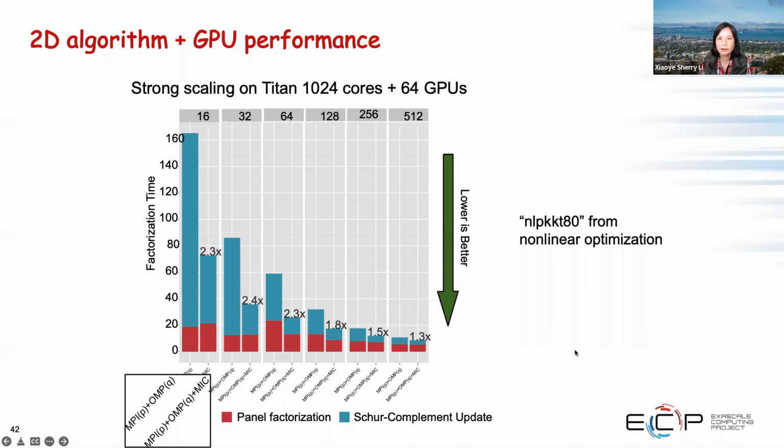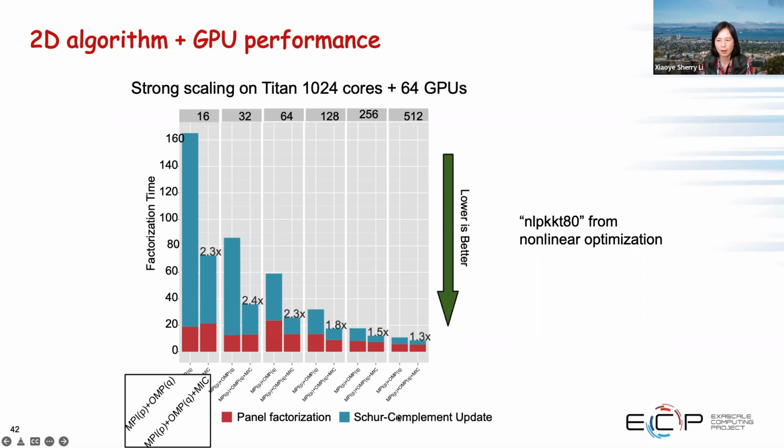Now if you look at the performance of this 2D algorithm plus GPU, this was done earlier on the Oak Ridge Titan machine with 1,000 cores and 64 GPUs. What the picture is showing is that each bar has a red part, which is the panel factorization, and the blue one is the Schur complement update.